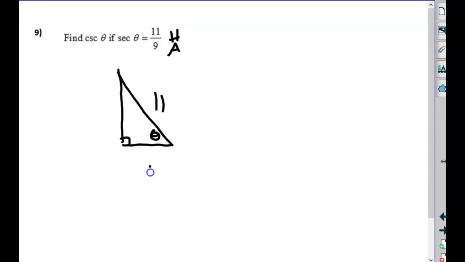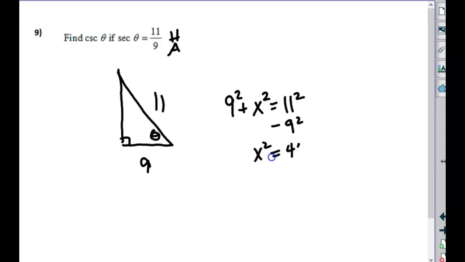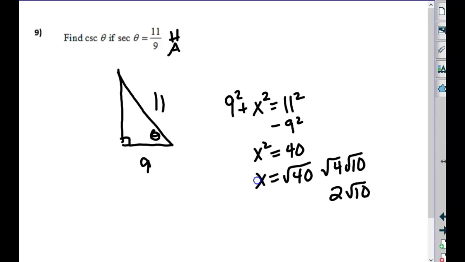If I put an 11 here and a 9 here, I need to do Pythagorean theorem. 9 squared plus whatever you want to call that side squared equals 11 squared. I think it's 40, is that right, guys? And so x is the square root of 40, or the square root of 4 times the square root of 10, 2 square roots of 10.